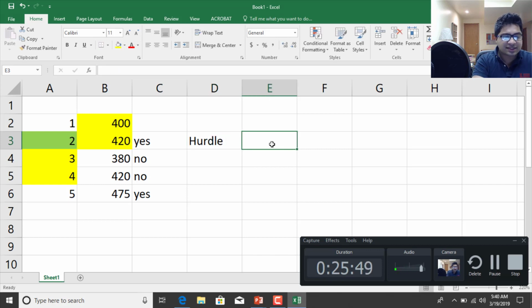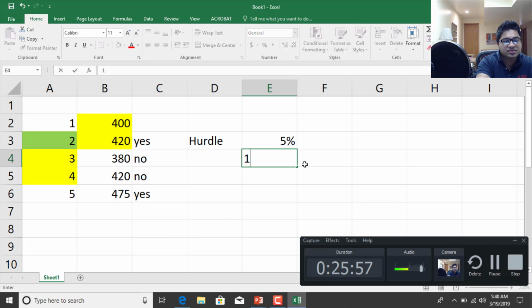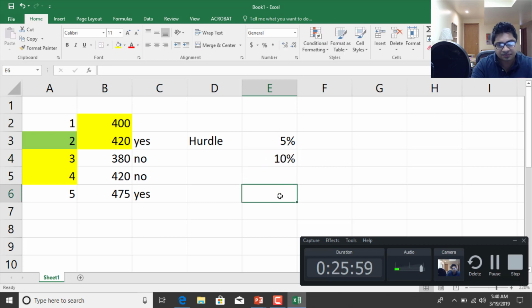Hurdle rate means it is the minimum rate beyond which incentives are paid. For example, if a fund gives a 10% rate of return, the fund grows 10% and the hurdle rate is 5%, so incentives will be paid on whatever performance is there above the hurdle rate.